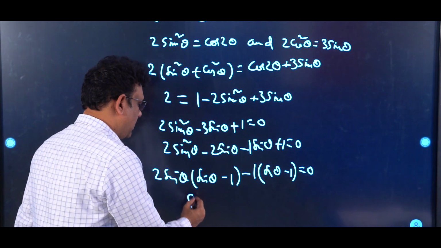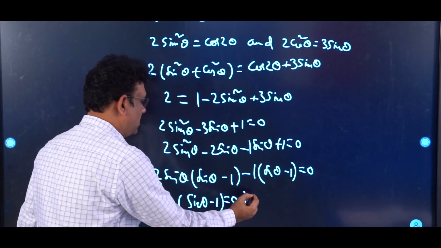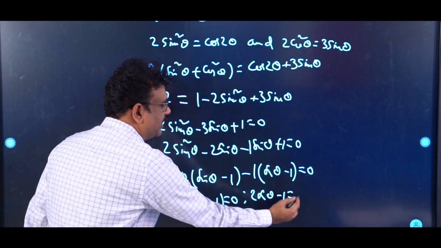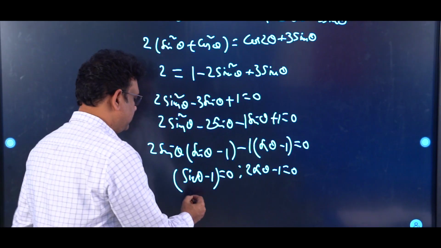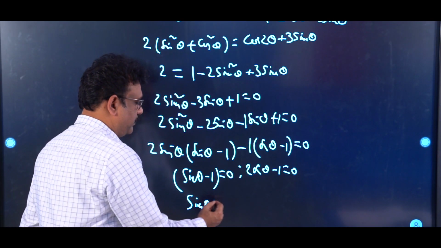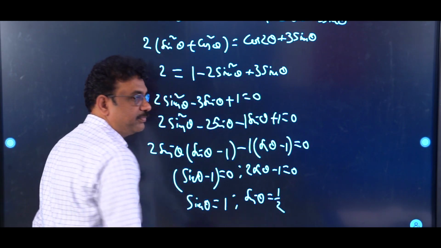So sin theta minus 1 equal to 0, or 2 sin theta minus 1 equal to 0. Sin theta equal to 1, or sin theta is equal to 1 by 2.